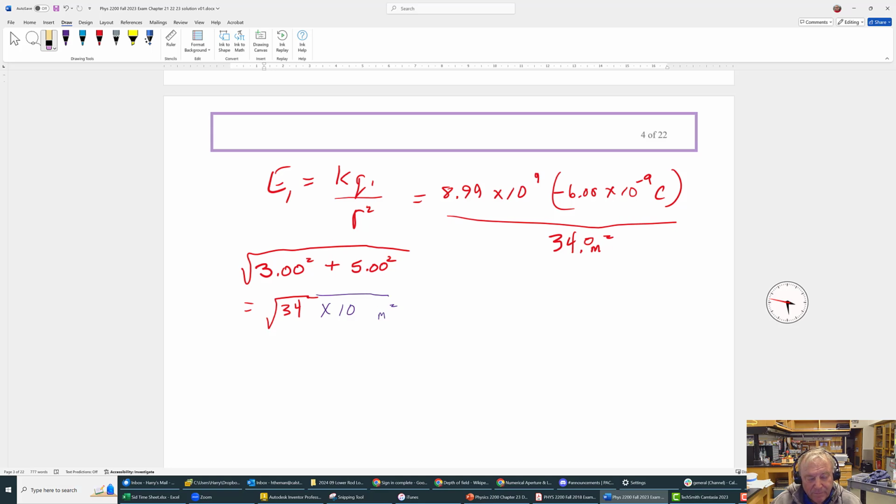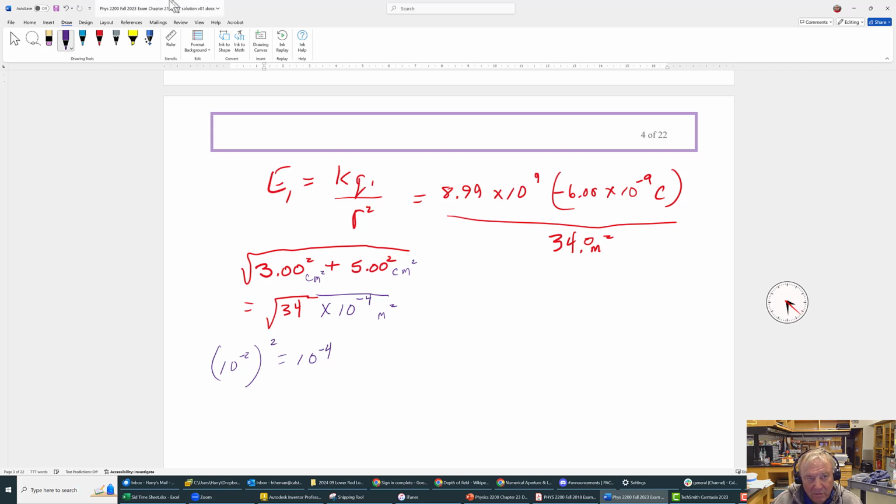So, what's centimeters squared, and then 10 to the minus 2 squared equals 10 to the minus 4, because I multiply them, and times 10 to the minus 4 meters squared. And that's R.